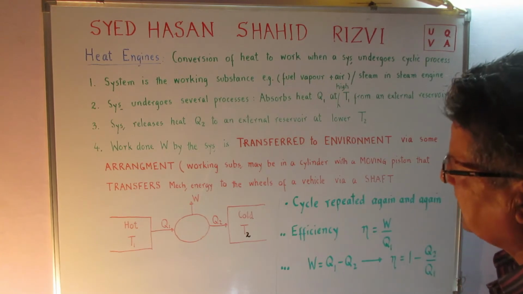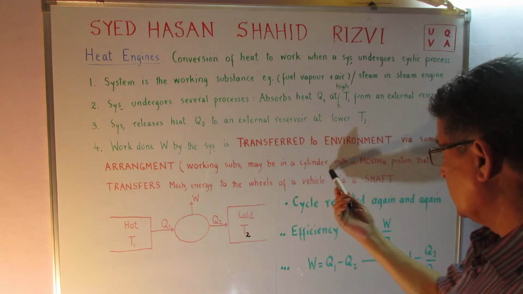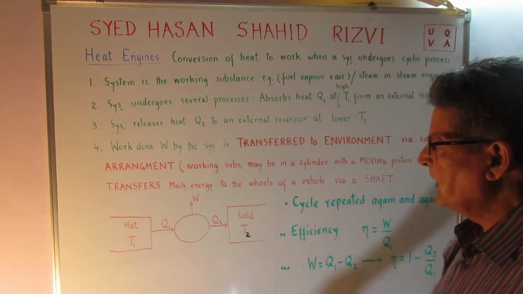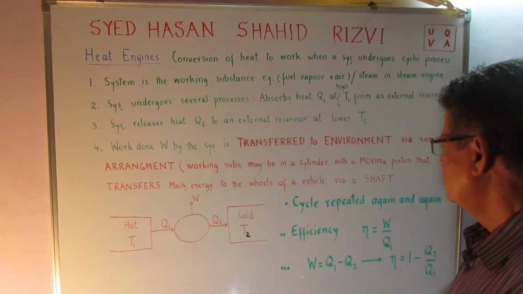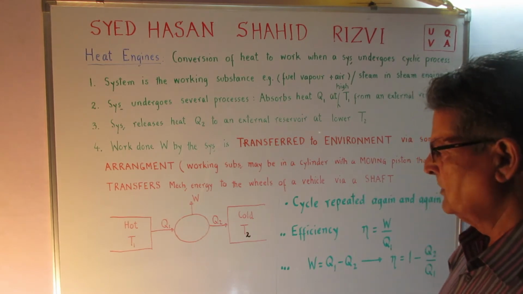For example, that arrangement could be a working substance in a cylinder with a moving piston that transfers mechanical energy to the wheels of a vehicle via a shaft. This is how it happens.